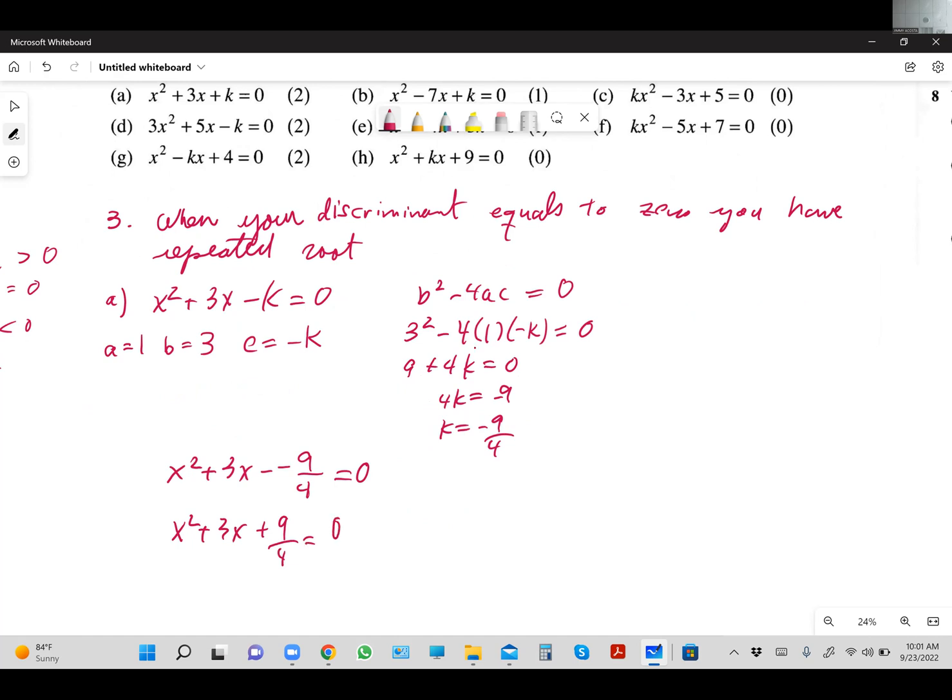That's when we're gonna have the situation where it just does this. It just touches and goes up, or touches and goes down, depending on the situation. Yay or nay?